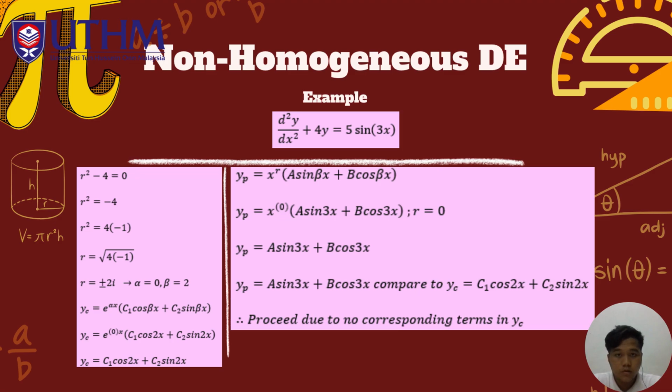After that, we get yp is equal to a sin 3x plus b cos 3x. Then we compare it to the first yc we got, that is c1 cos 2x plus c2 sin 2x. After checking the corresponding terms in yc, we proceed, as there are no corresponding terms in yc.